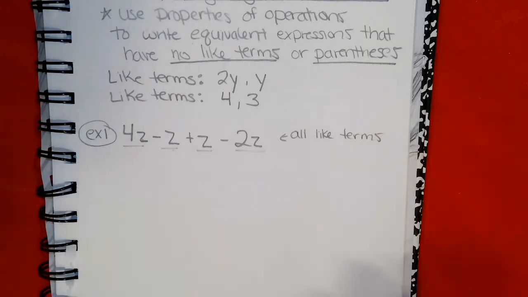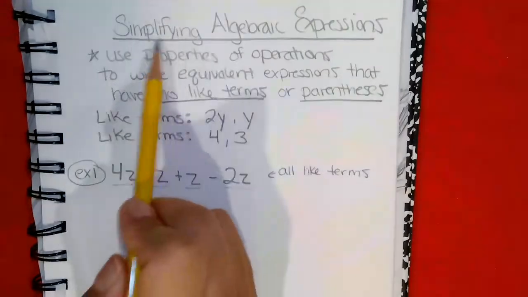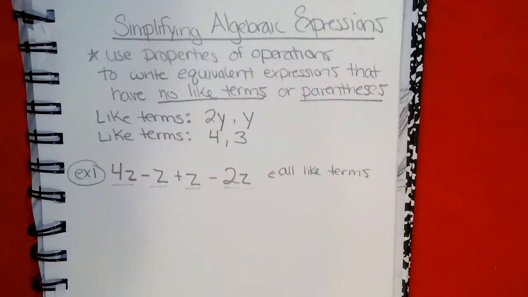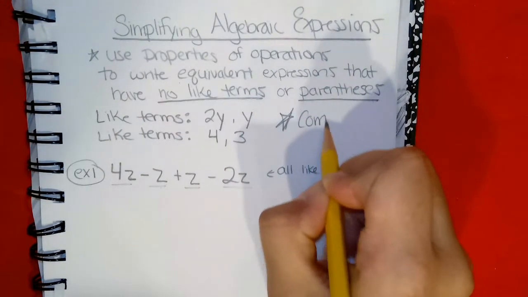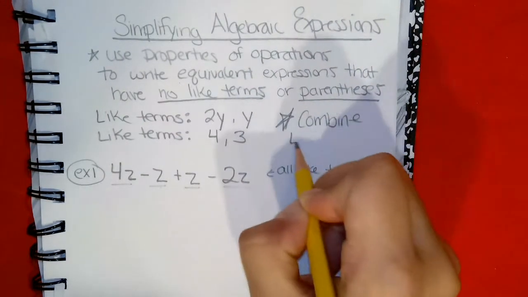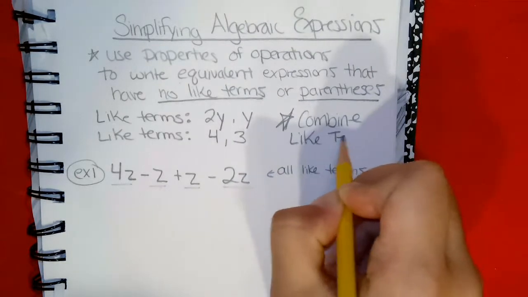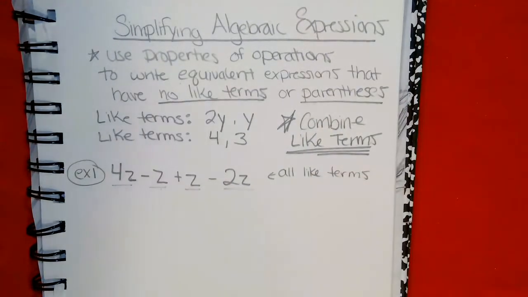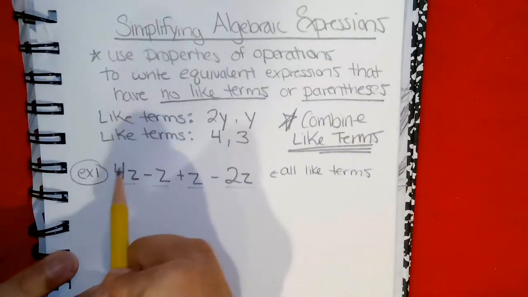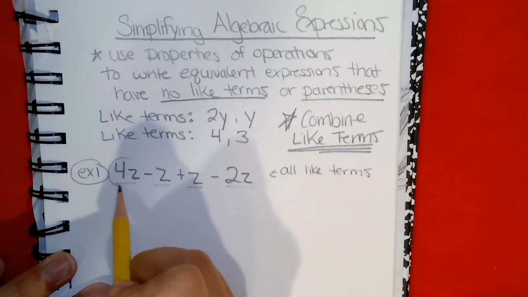So that's what we're going to be doing when we are simplifying algebraic expressions: we're going to combine like terms. So how do I do that? Well, I'm going to circle the terms and the sign in front of them.